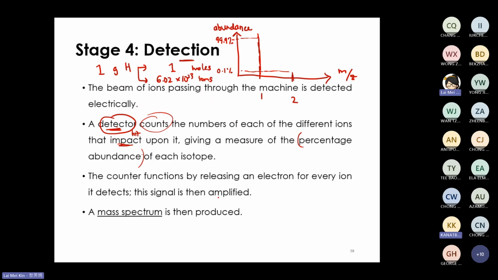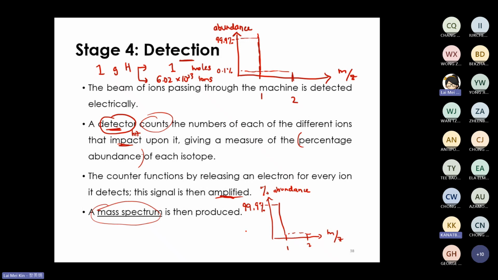All right, and the signal is amplified and I produce a mass spectrum. Ladies and gentlemen, this is a mass spectrum. This graph here has mass over charge and percentage abundance. Let's say I have hydrogen-1 and hydrogen-2. Hydrogen-1 is higher, 99.9%.